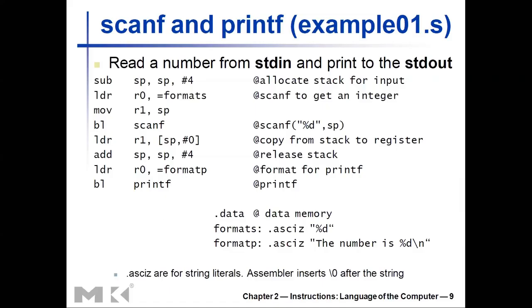Static data, if you can remember, inside a program you have a text segment and a data segment. The dot text segment we use to store the instructions of the program, and the dot data section we use to specify the static data used in the program.